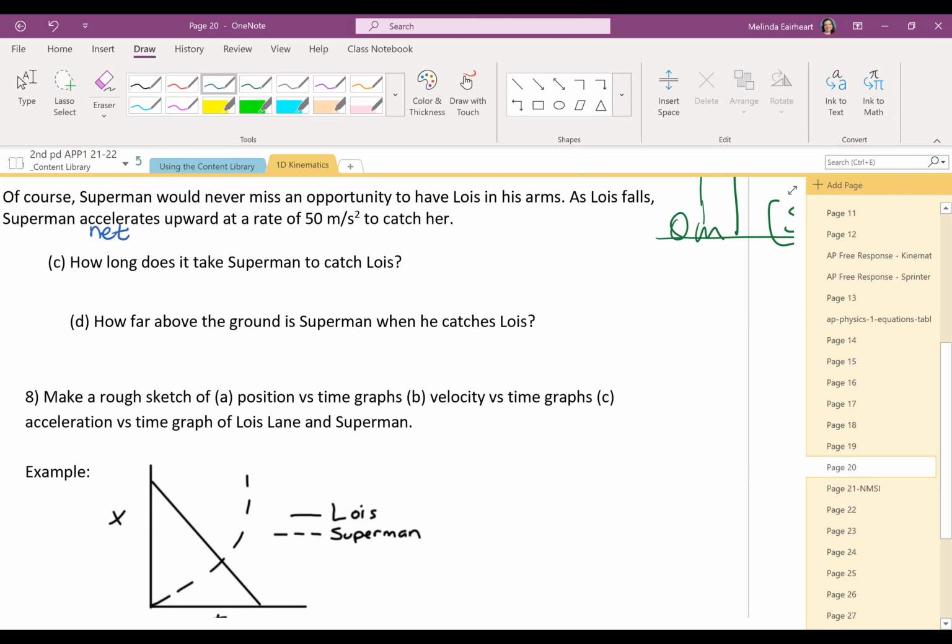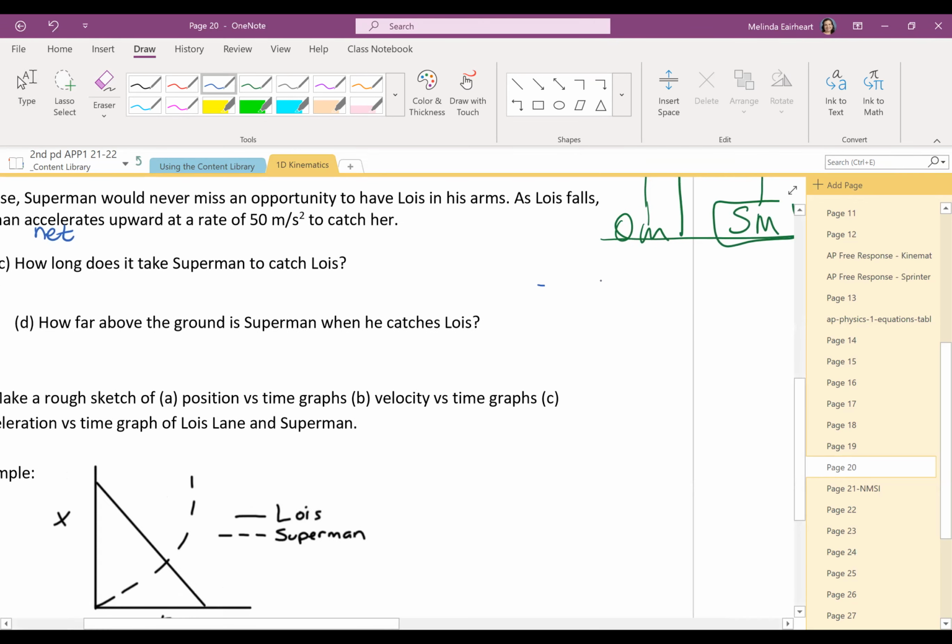All right, and so now our picture, we've got Lois Lane. She's still going to be dropped, go back to original, and so initial velocity 0. She'll be under the influence of gravity, negative 10 meters per second squared. And she starts at the top of the building, which is still 600 meters.